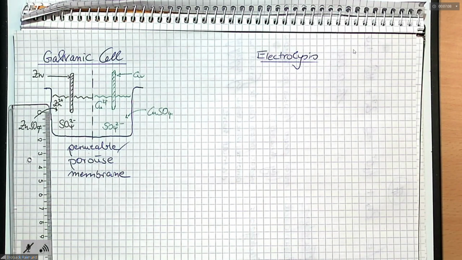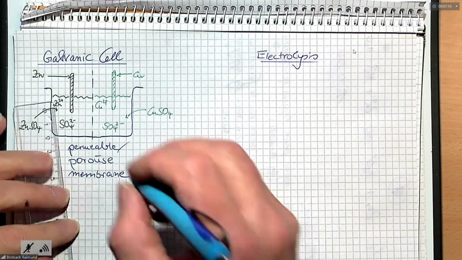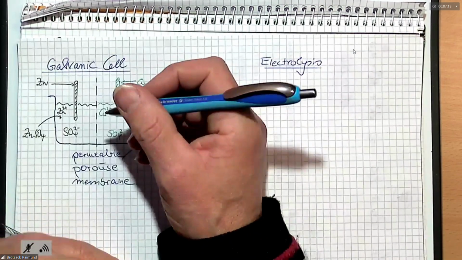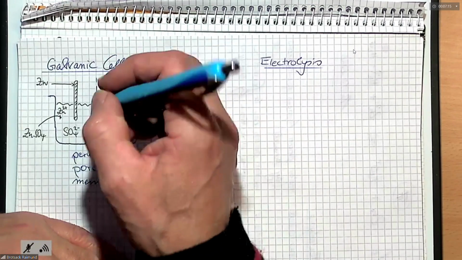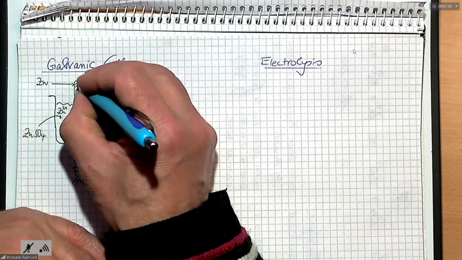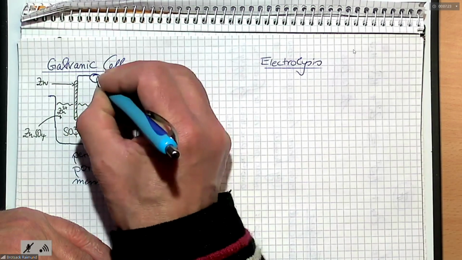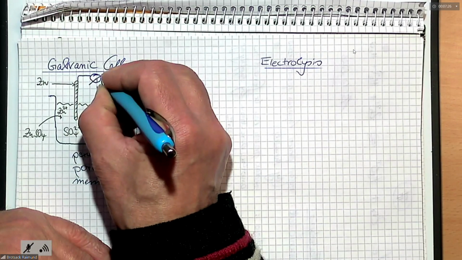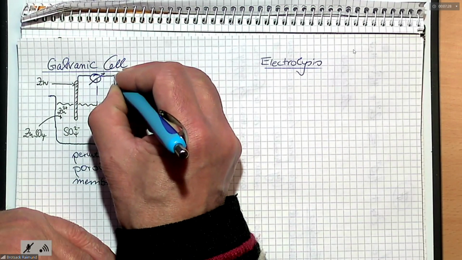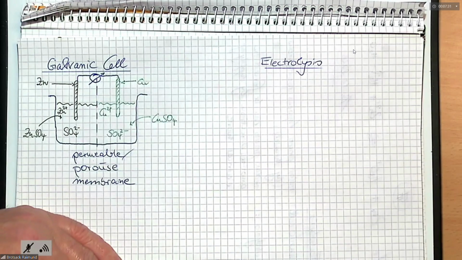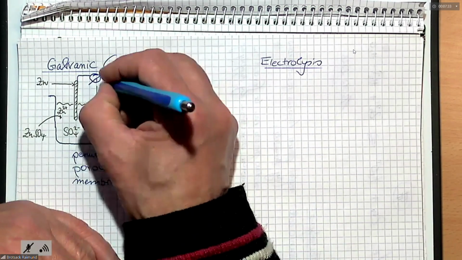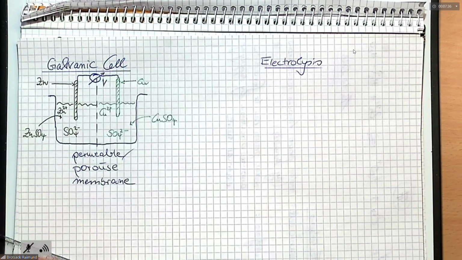And what we are doing now is we connect those two electrodes via an electrical connection. So here we have the opportunity to measure the potential between those two electrodes, with a voltmeter, where we can measure the potential which is built between those two systems.